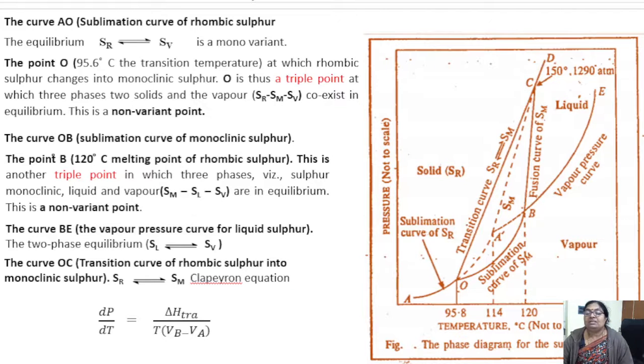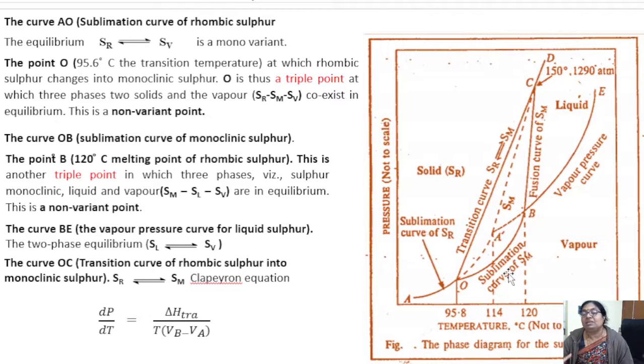Rhombic sulfur below 95.6 degrees is stable in nature, and above 95.6 degrees monoclinic sulfur is stable in nature. After 95.6 degrees, rhombic sulfur is converted, by transition, to monoclinic sulfur.